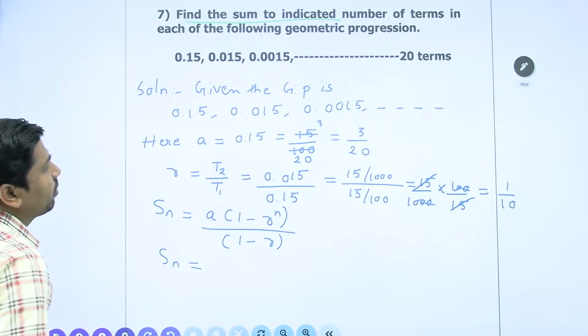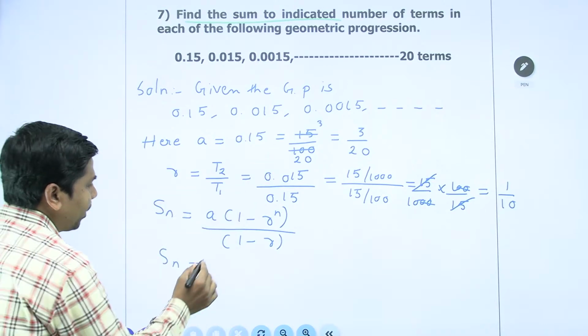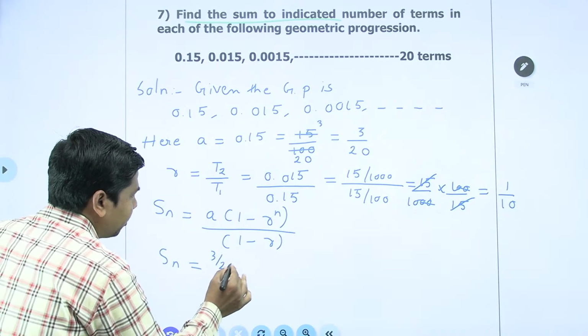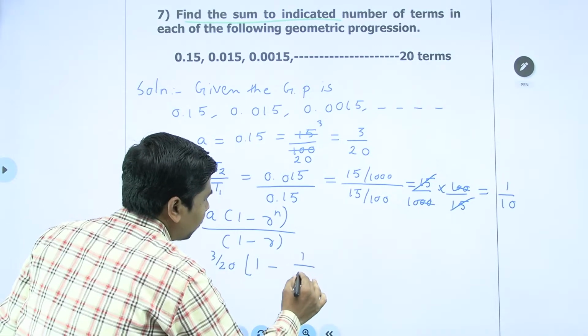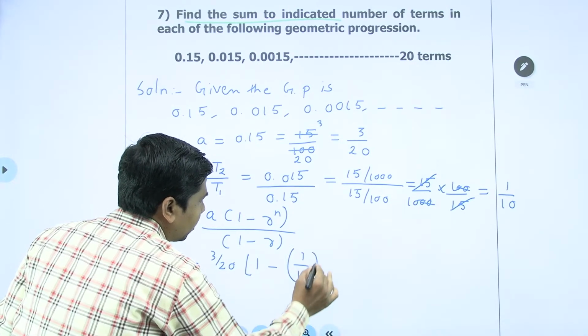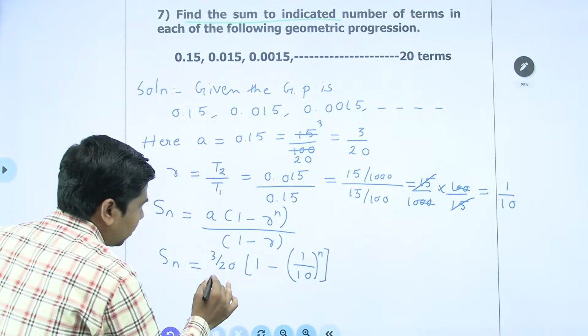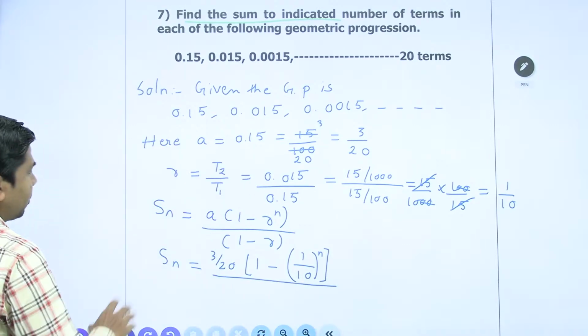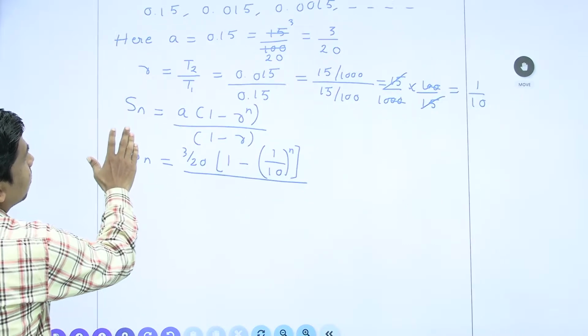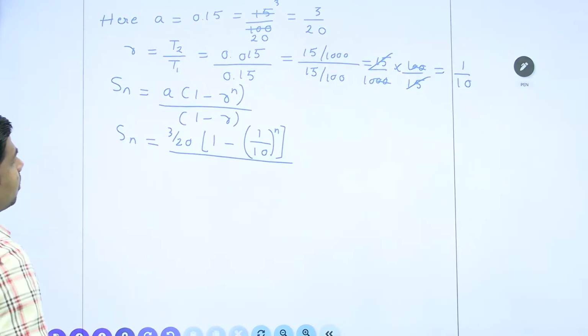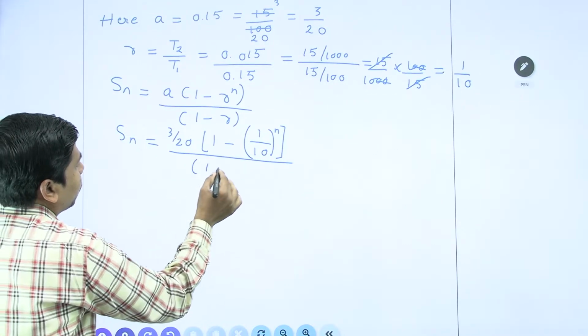Sn is equal to a into 1 minus r to the power n, divided by 1 minus r.